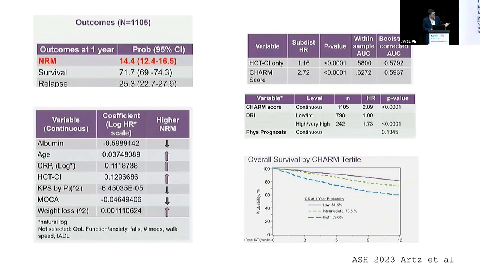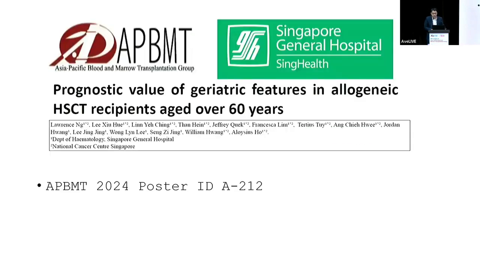By using the CHARM scoring, they managed to split the patients into 3 categories with the overall survival as such. We did a small study in our local setting, and I'd like to invite you to have a look at the poster later on.